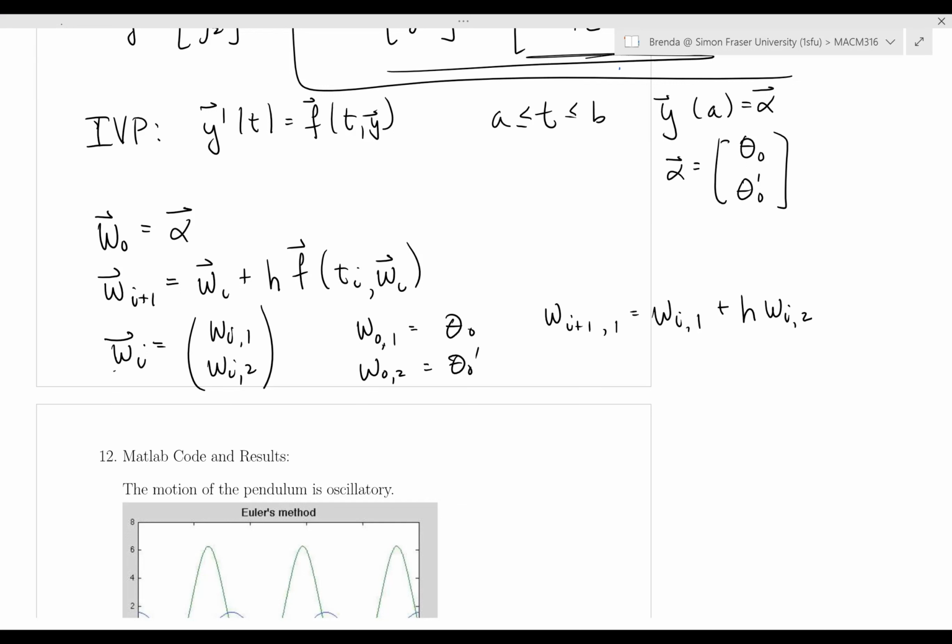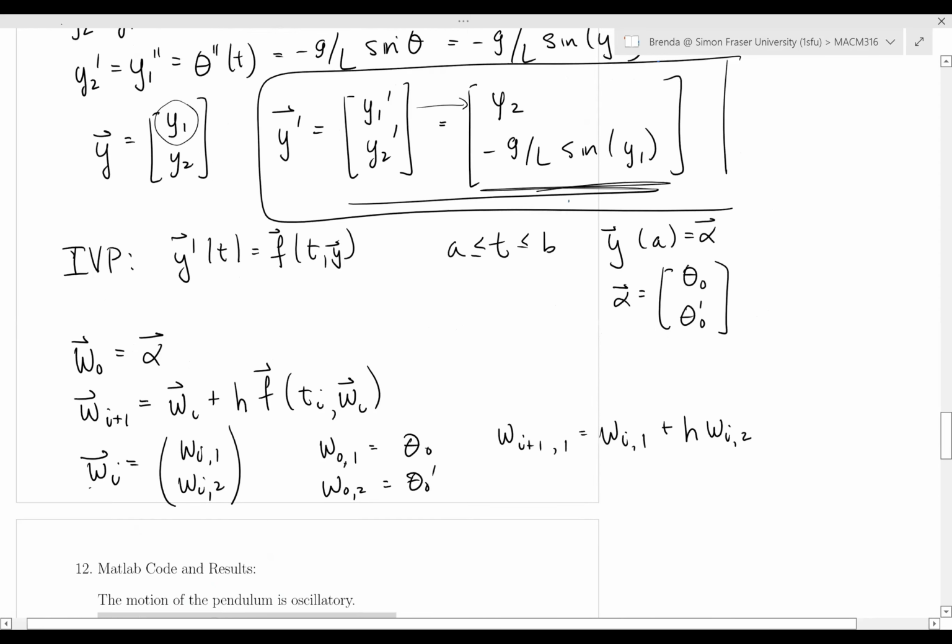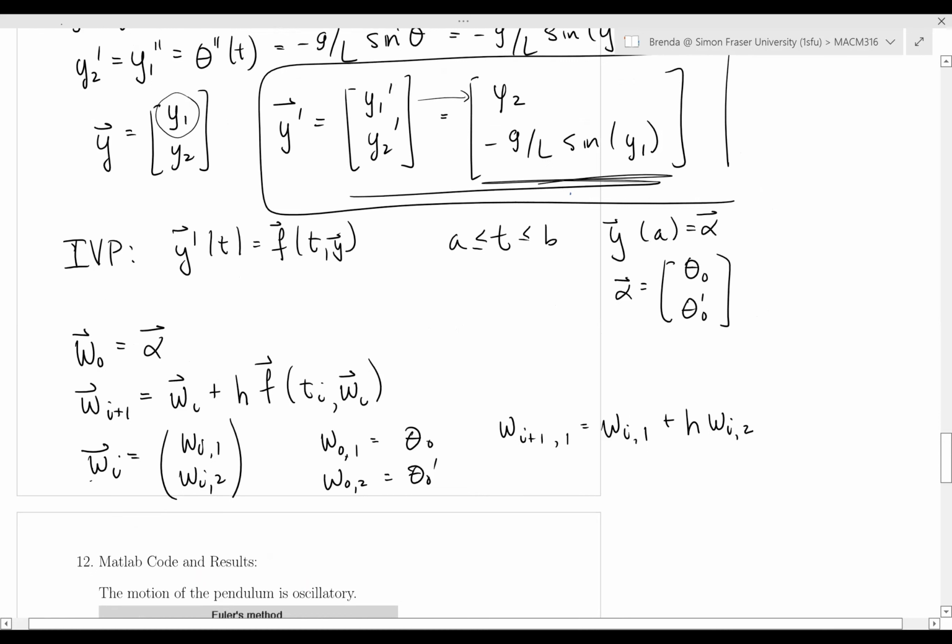Yes or no? Do you see that? Okay, that is this line right here, right? This is our Euler step. We take where we're at, and then in this case, we're adding the step size times the derivative, which is just the other component.